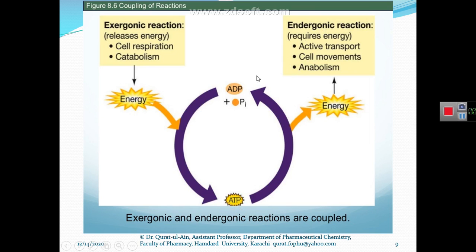That released energy is again used to join phosphate with ADP and convert it into ATP. So this cycle continues in our body, because both the exergonic and endergonic reactions take place simultaneously.